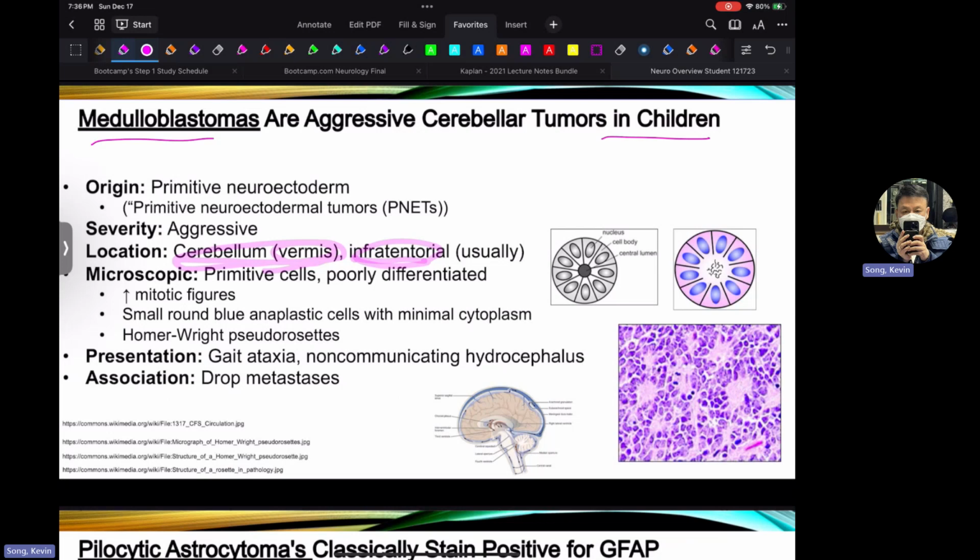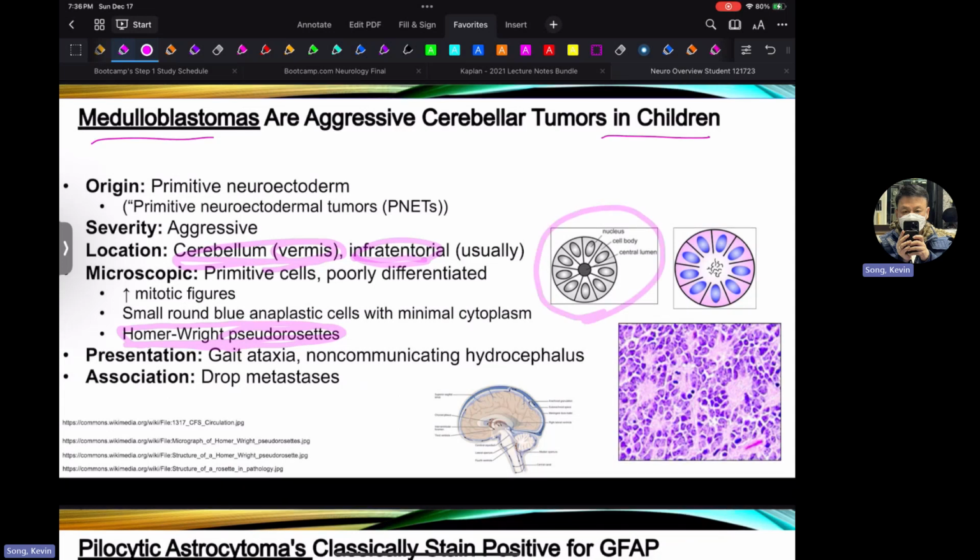Let me see, Homer Wright. This one is important. Homer Wright pseudorosette. So this is a Homer Wright pseudorosette, this thing here, like this. This is a rosette. Basically, it looks similar to this one, right? Pseudorosette. Okay, Homer Wright pseudorosette, and then small round blue anaplastic cells with minimal cytoplasm.